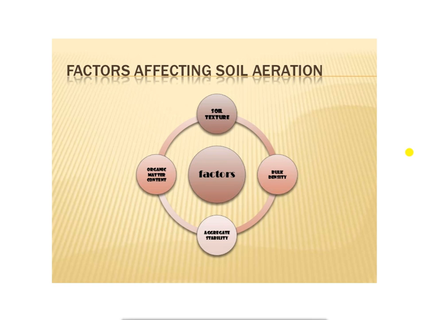Then organic matter content. With increase in organic matter content, soil aeration increases. As the decomposition process of organic matter starts, it will increase rapid movement of gases between soil air and atmospheric air. Okay, these are the most important factors which affect soil aeration.